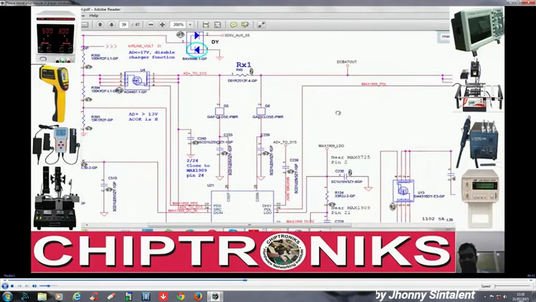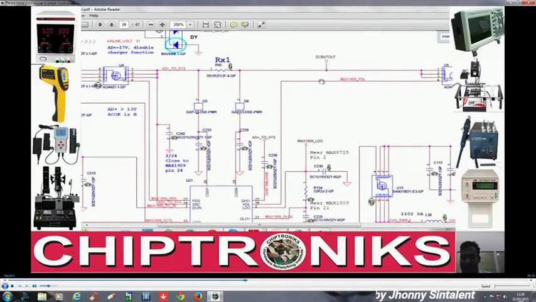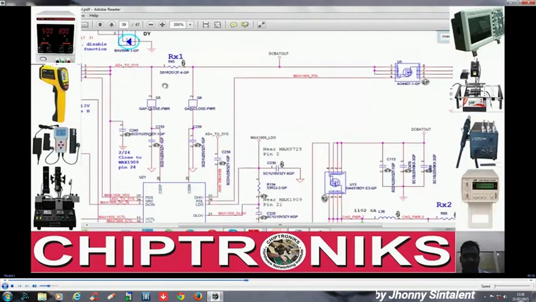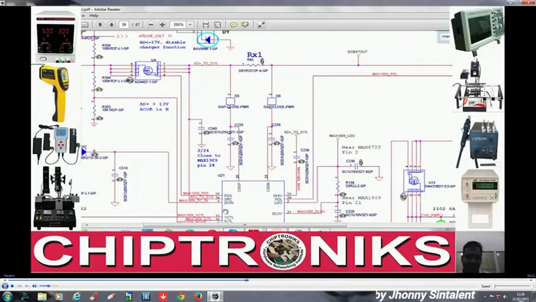But if the adapter is present, then this charger IC will turn off this MOSFET from the PDL signal, right? When the adapter is present, this will turn off. When the battery is present, this will turn off from the PDS signal.